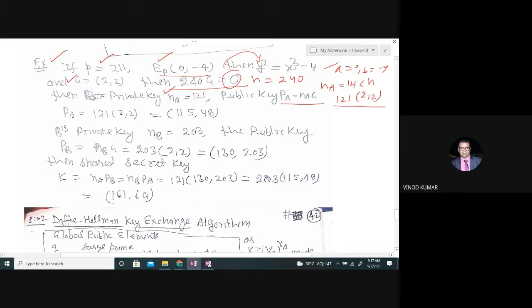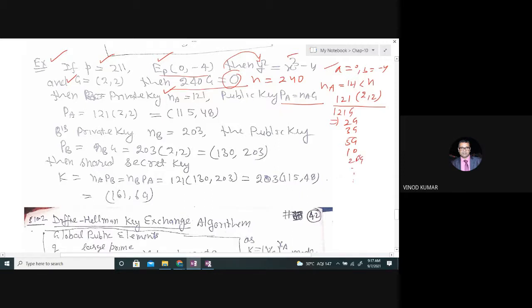You calculate this scalar product on the elliptic curve. To calculate 121G, you first calculate 2G, then 3G, 5G, 10G, 20G, and so on.